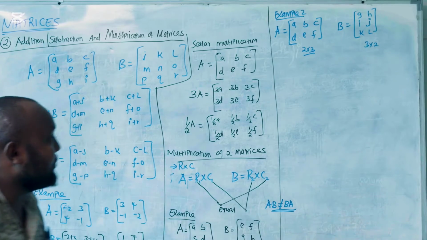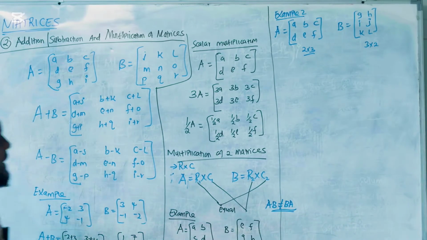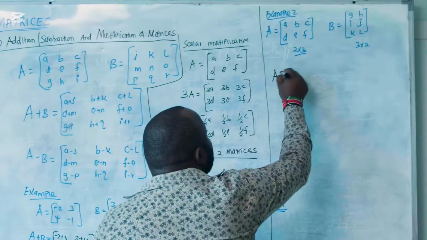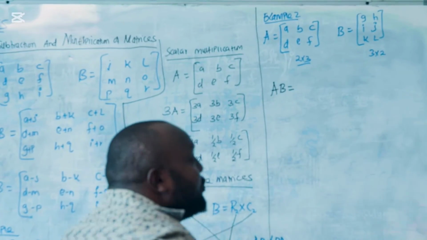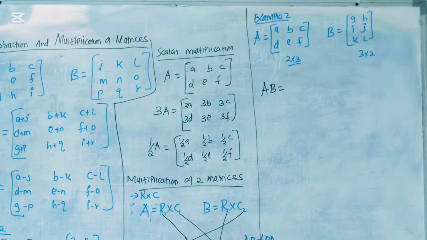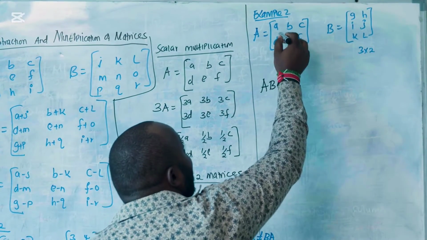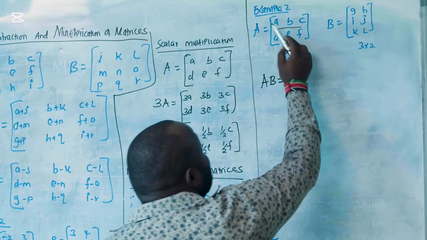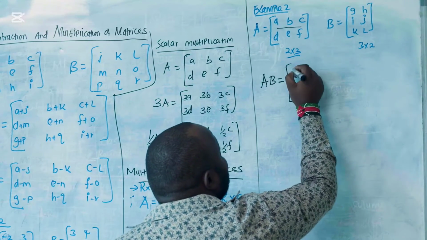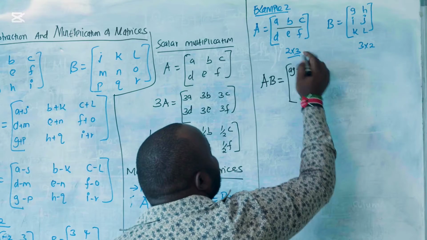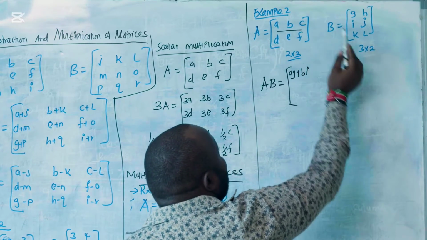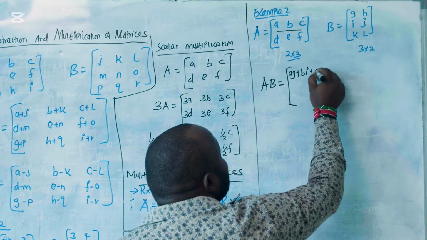How do we multiply that one? It's simple. Again, we start with the row. For AB, the row must multiply a column. So the row will multiply the first column. What will we get? The first one and the first one, AG, plus the second and the second, BI, plus the third and the third, CK.